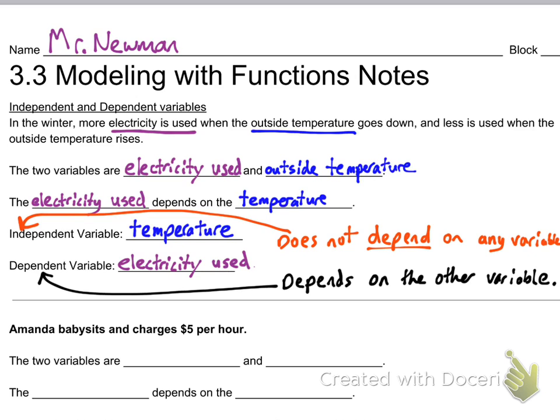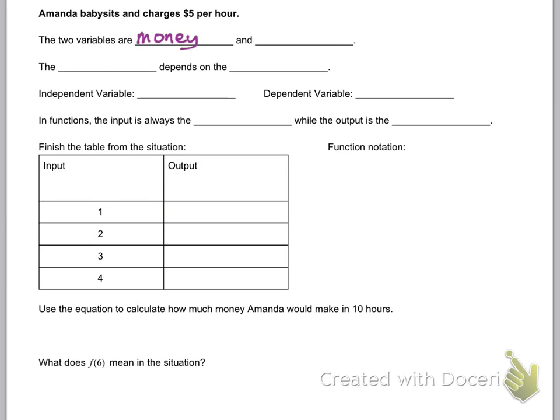Let's look at this other situation here. Here we have two variables. Let me read it. Amanda babysits and charges $5 per hour. The two variables we have are money and time, and the time is measured in hours here.